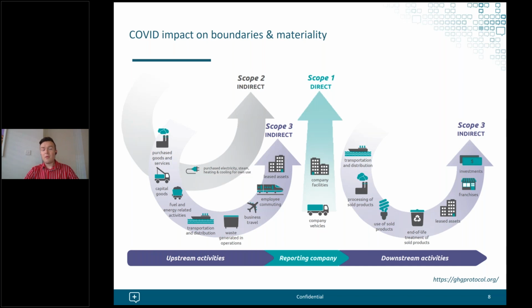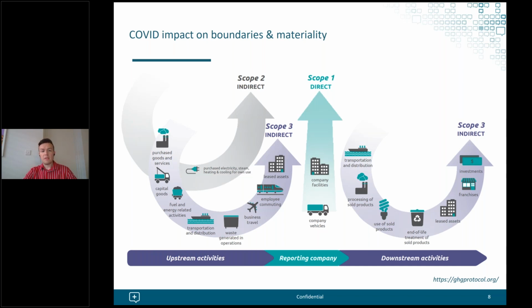So when we think about boundaries and materiality and the impact that COVID has had, this diagram many of you may have seen before from the GHG Protocol, where we have a look at the different scopes under which greenhouse gas emissions are reported. For some organizations, they may not have looked in that much detail at their upstream activities and their downstream activities within scope 3 before.